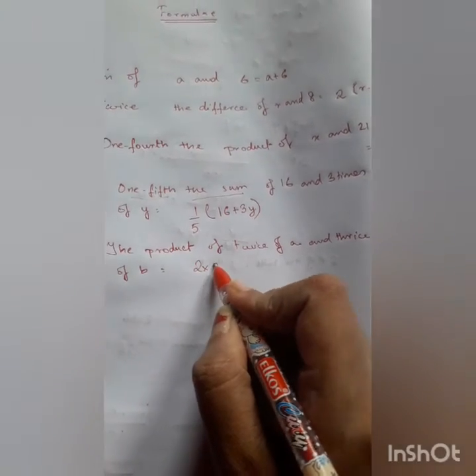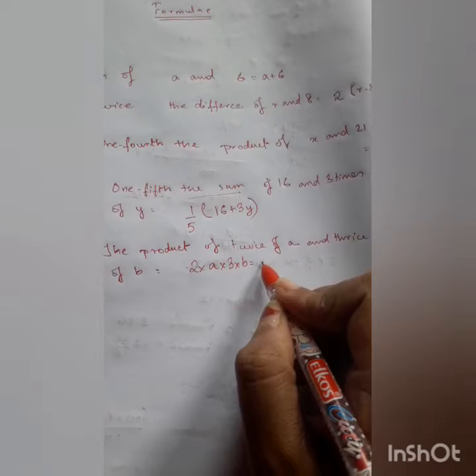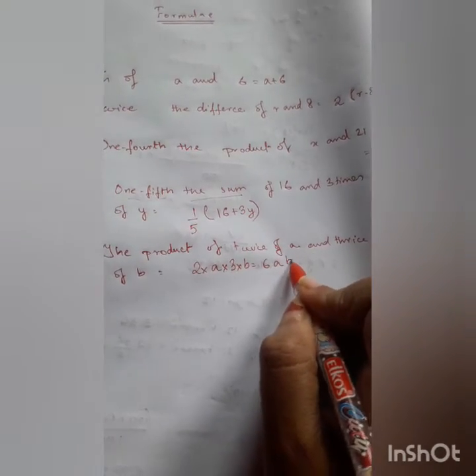So twice of a and thrice of b: 2 into 3 is 6, into a into b is 6ab. So this is basically the framing of formulas when the statements are provided to you. Now also using this only you have to frame equations. Alright, so this is the basic thing.